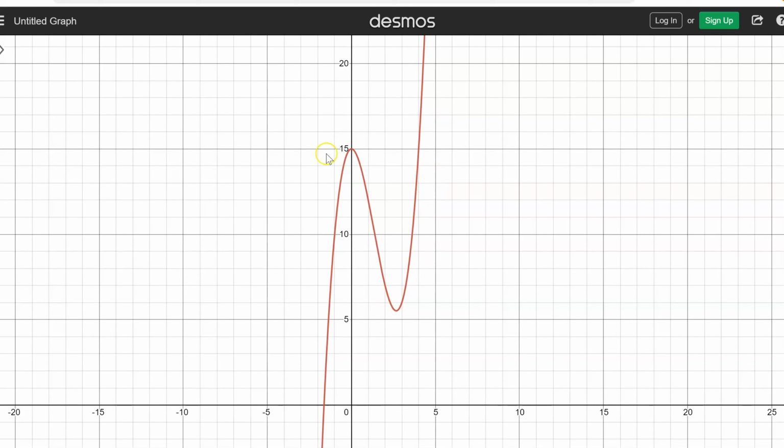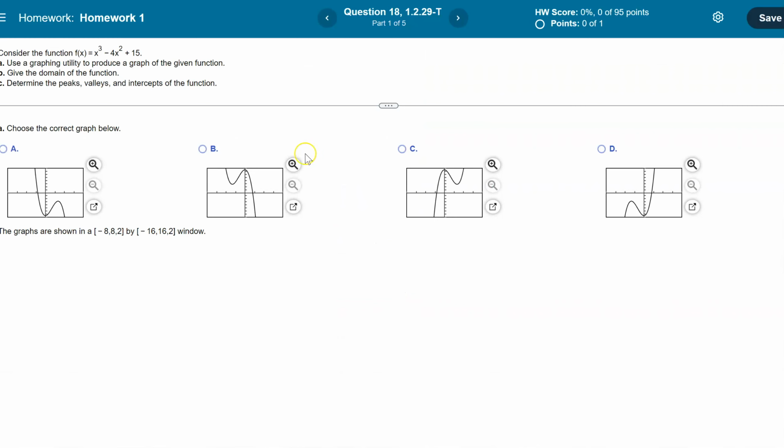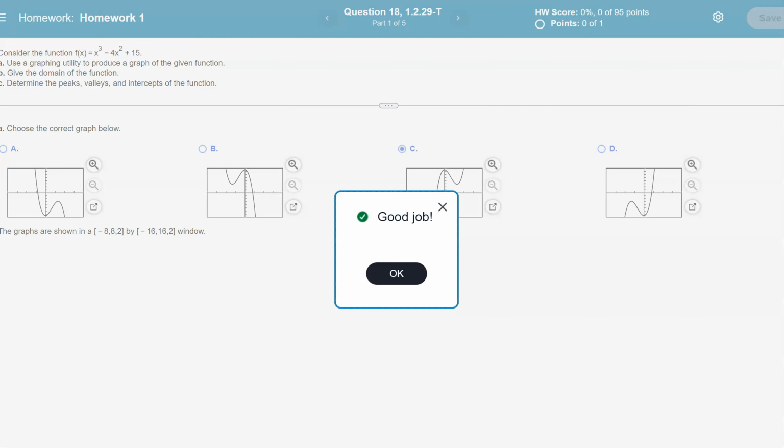Its y-intercept is positive, and then this valley down here is also positive y value. So we're just going to look for which graph looks like that. So falls on the left, rises on the right, y-intercept that's positive, and a valley that's also positive. So looks like this would be C.